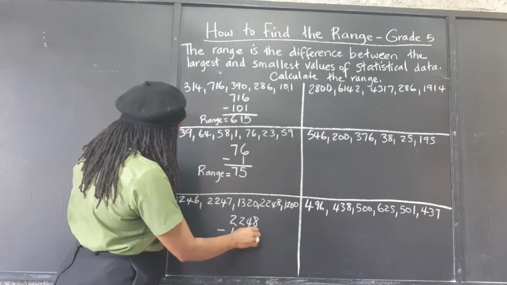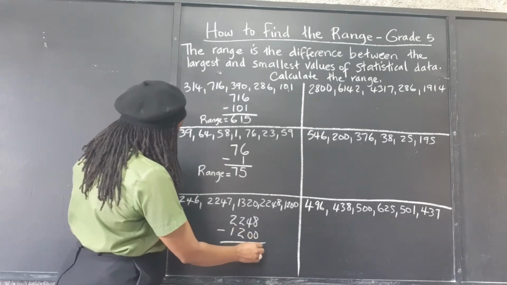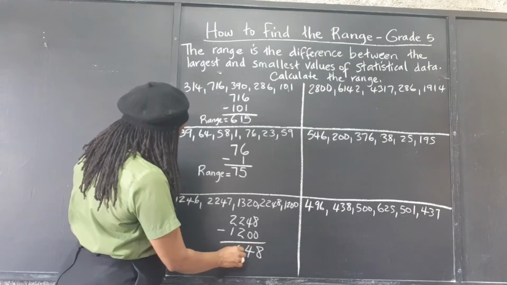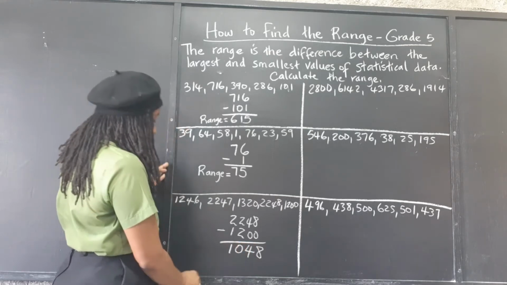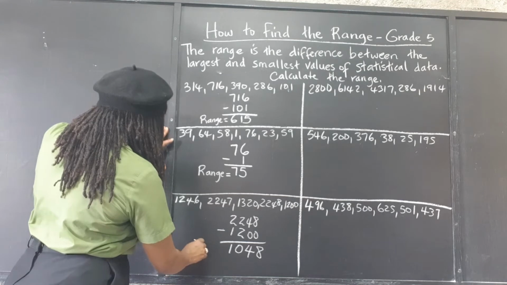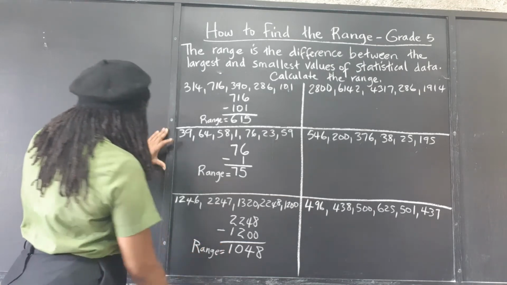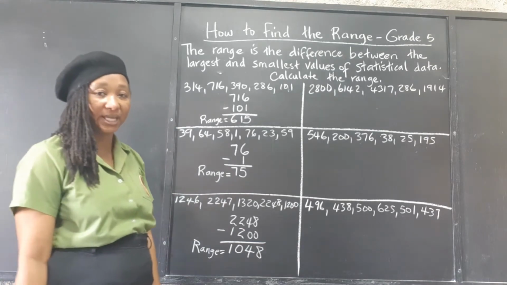That's the smallest one. So 8 take away 0, 4 take away 0, 2 take away 2, and 2 take away 1. So the range is 1,048.